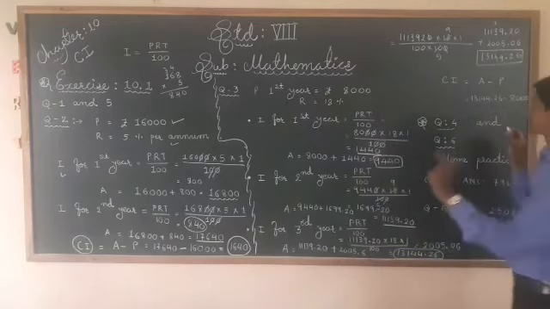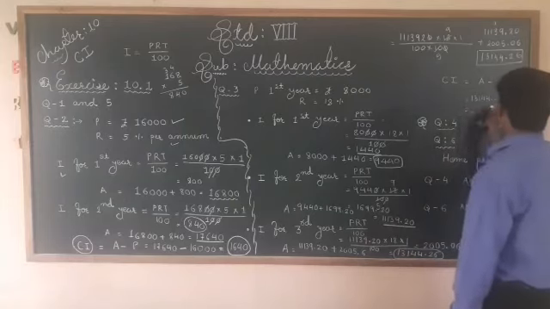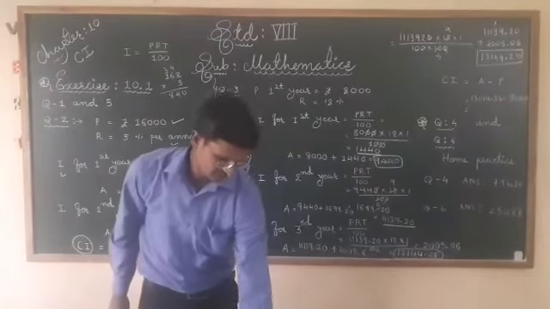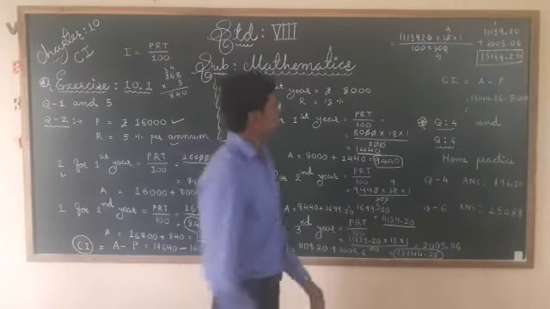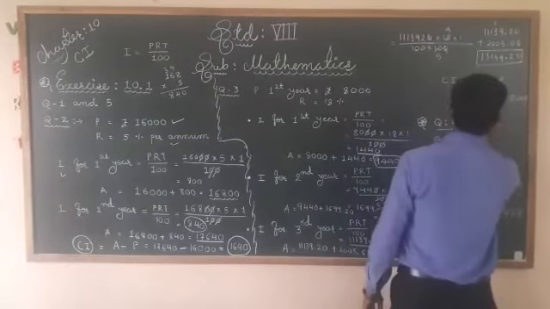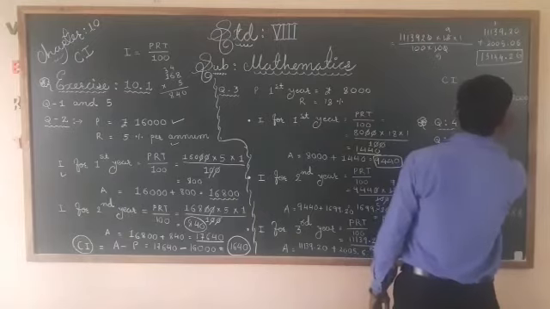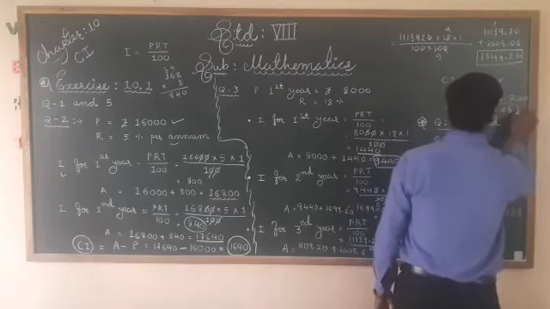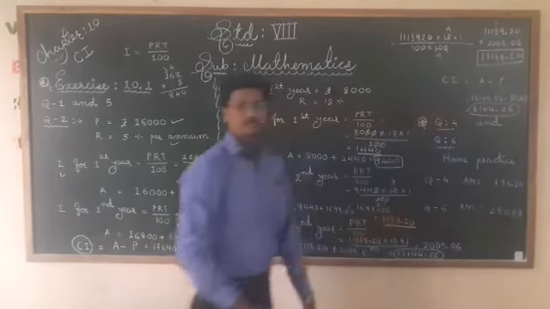If you do the subtraction of these two, you will get 5,144.26. So this is the total compound interest at the end of the third year.